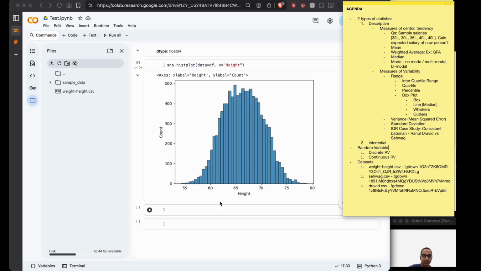So these are all heights, right? Let's say we have h1, h2, h3, h4 as the heights, and I want to subtract the heights from the mean, because the mean is what summarizes this data set.